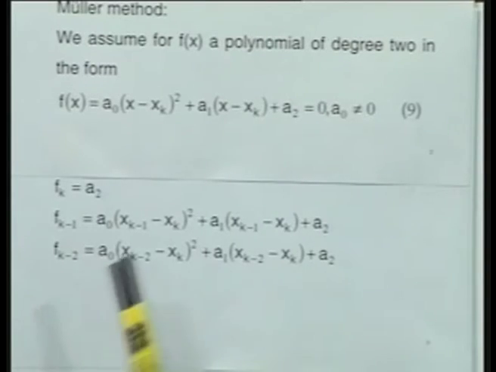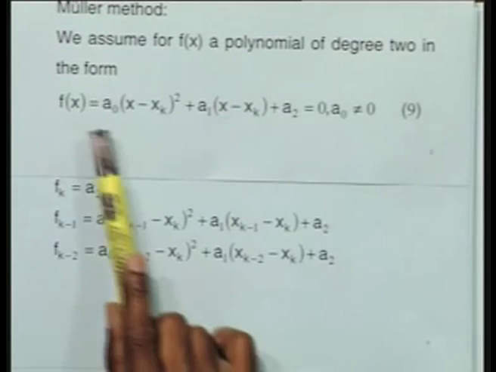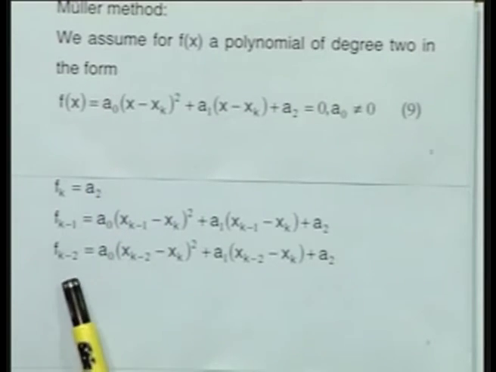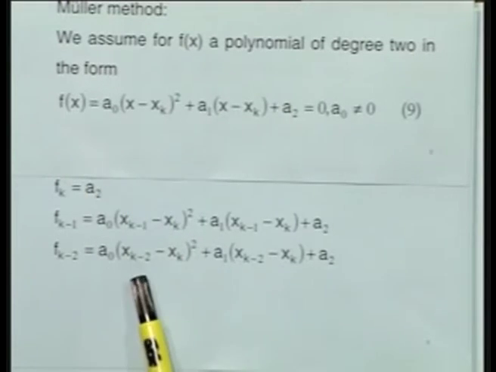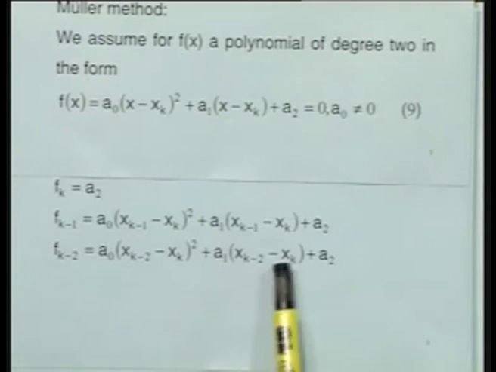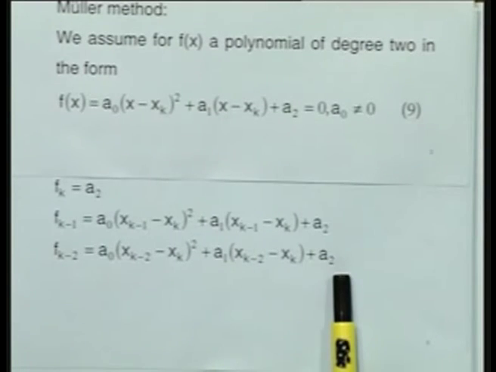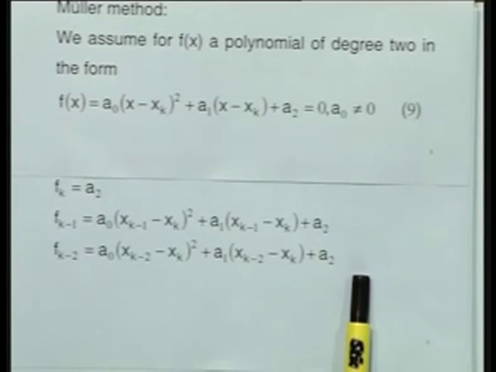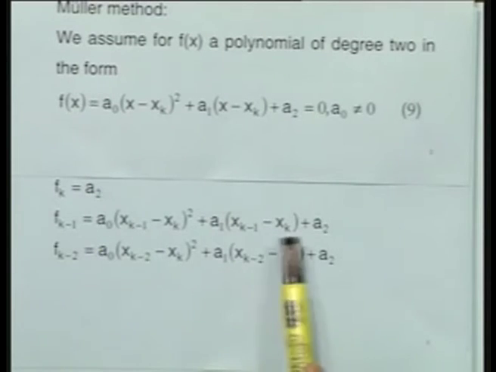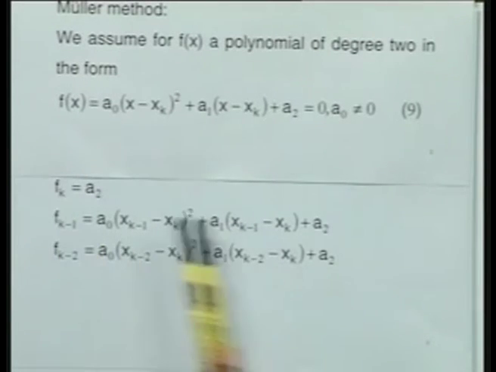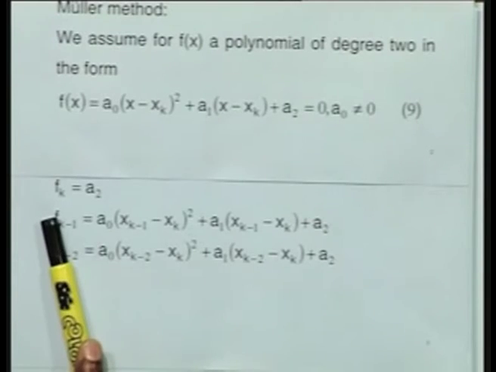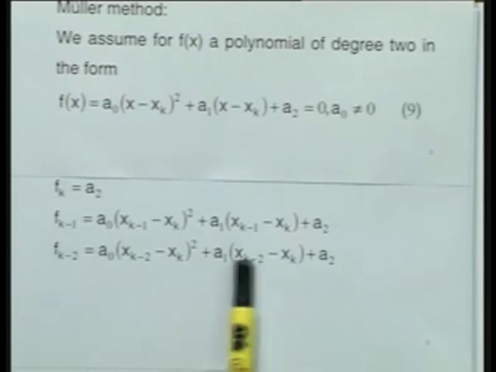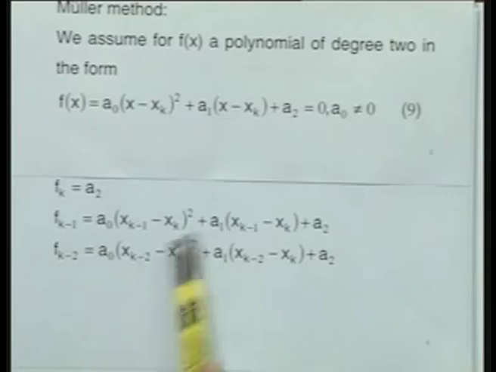Similarly, I will substitute the approximation xk minus 2 here, so that I have f at xk minus 2, this is a0 (xk minus 2 minus xk) whole squared plus a1 (xk minus 2 minus xk) plus a2 is equal to 0. These are three equations in three unknowns, a2, a0 and a1. Now, since a2 is determined, I can take a2 to the left hand side here, then I will have a system of two equations for determining a0 and a1.